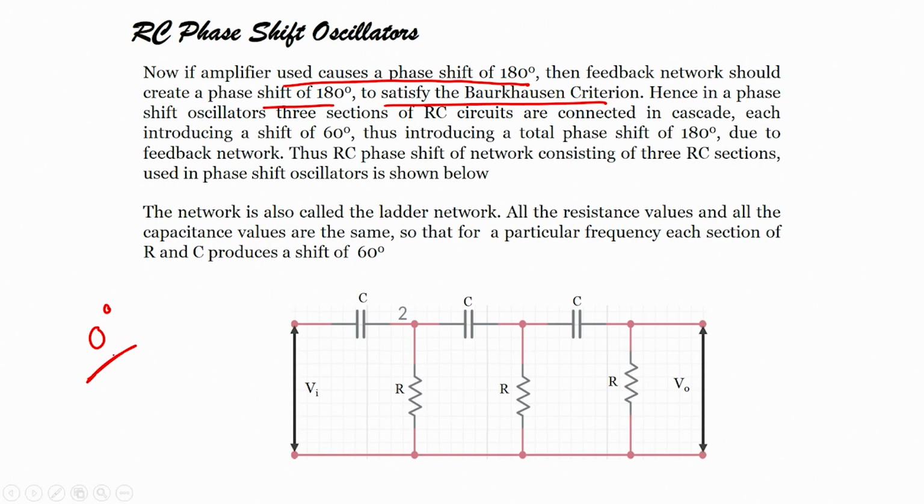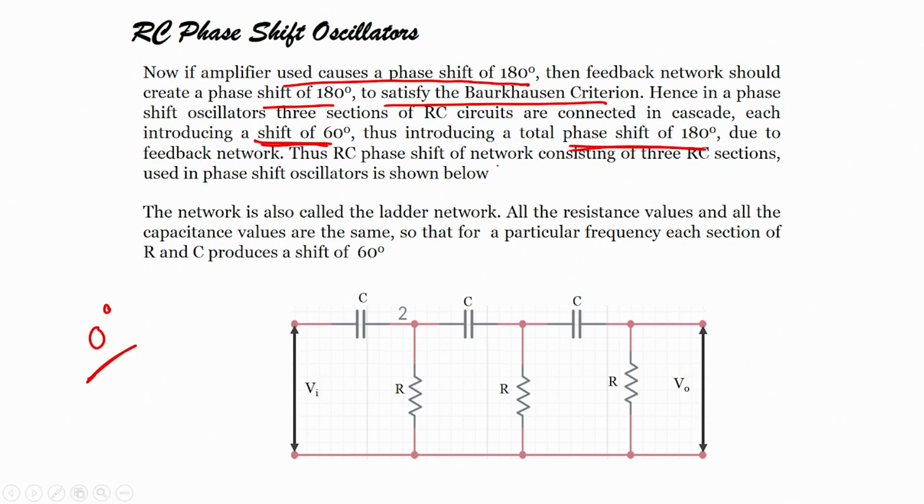Hence, in a phase shift oscillator, 3 sections of RC circuits are connected in cascade, each introducing a phase shift of 60 degrees, thus introducing a total phase shift of 180 degrees.